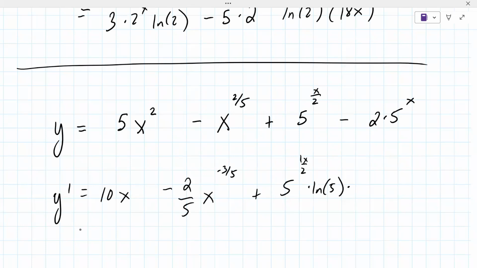Does that help, maybe seeing that there? Well, the 1 over 2, does that help?